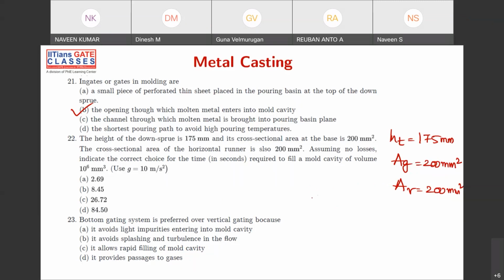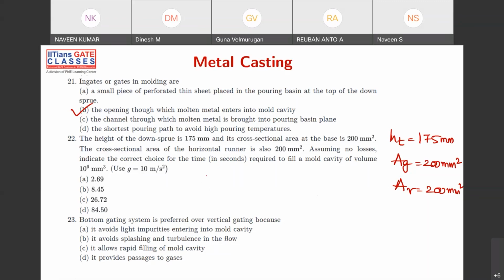So which kind of gating is this? Anyone? Okay. So I think we should be able to use the big formula.